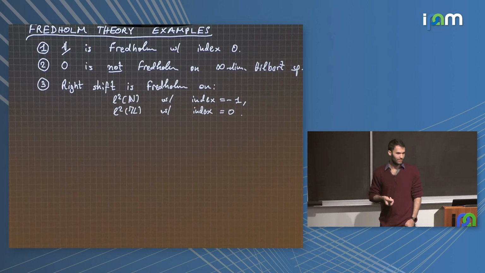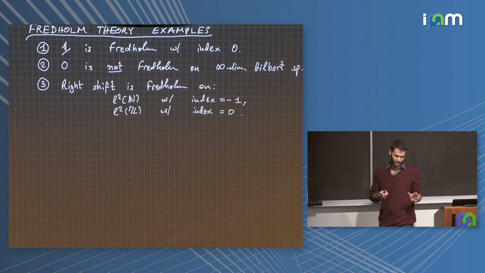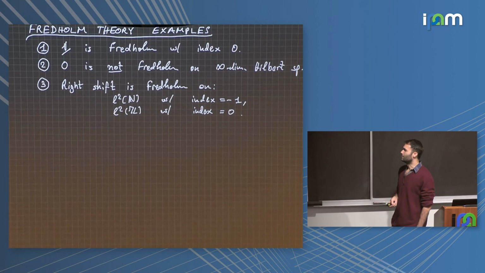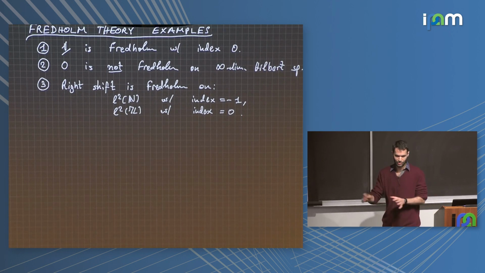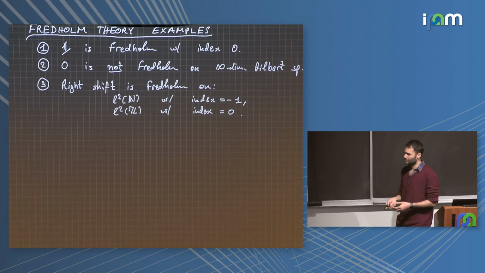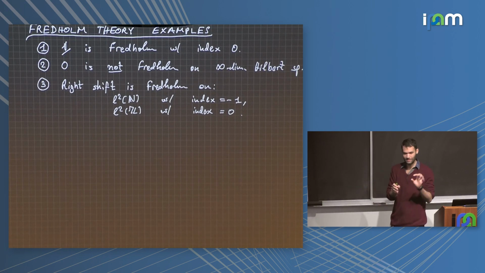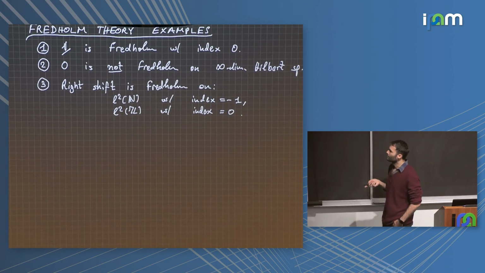If you consider this on little L2 of N, the half chain, then it is the operator that just shifts your wave function, everything to the right, collectively. And on the bilateral chain, it does the same thing. So on the bilateral chain, it's going to be invertible. You don't lose anything. But on the half-infinite chain, the adjoint is going to kill one state. It's going to shift to the left and kill the first site. And so the kernel of the adjoint will be one-dimensional, and that's why you have index -1.